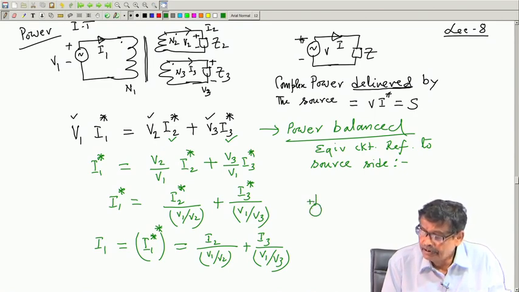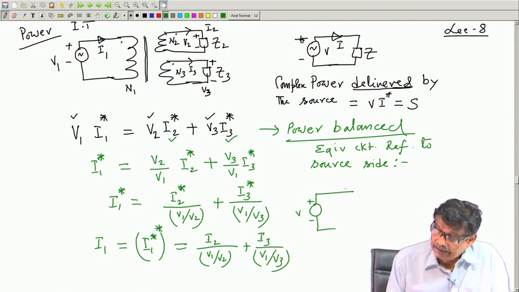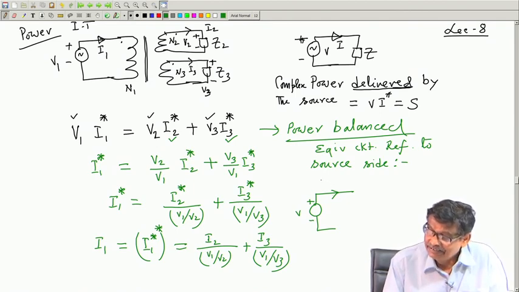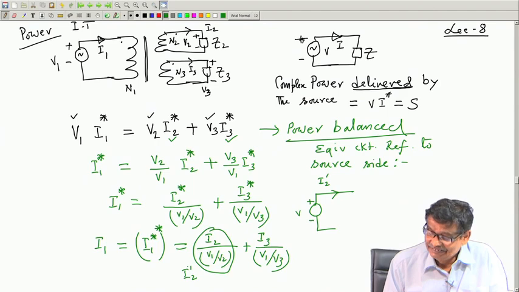So, V1 will remain V1, that is there. Then this current I1 is I2* reflected, this is I2 reflected, and this thing is I3 reflected.